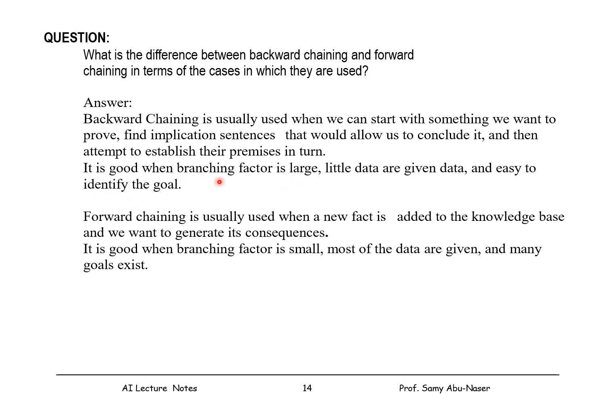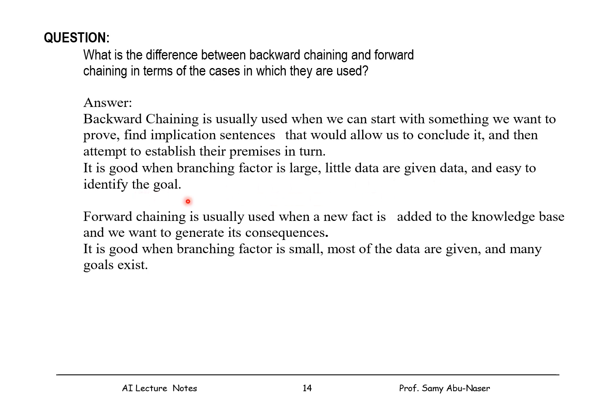It is good when the branching factor is large. If the branching factor of the tree is large, where a node goes out with many branches, it's good to use backward chaining. And if we have little data, with few facts given, it's also good to use backward chaining, and when it is easy to identify the goal.